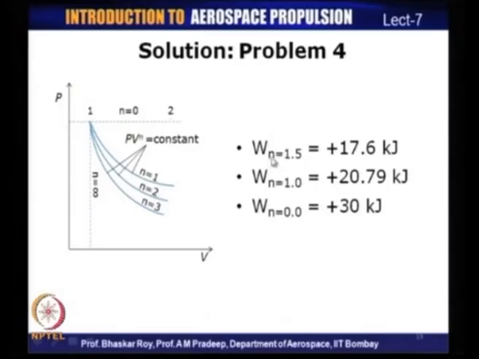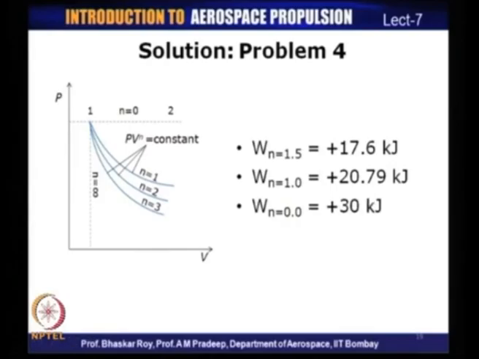So for n equal to 1.5, it would probably come somewhere here, somewhere in between n equal to 2 and 1. N equal to 1 is here, which is above n equal to 1.5, and therefore you get a higher work output. N equal to 0 is a constant pressure process, and you get the highest work output during the constant pressure process.